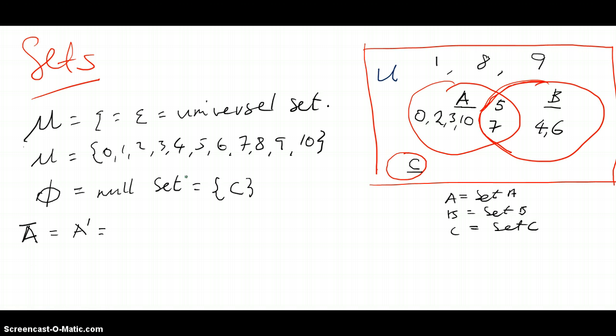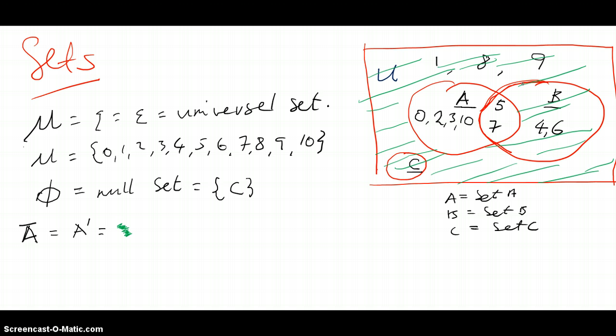Okay, let's have a look at what the complement of set A would be. So I'm going to label the complement of set A as this green color. You can see that set A is right here, all the way around. When we're concerned about the complement of set A, we're concerned about everything that's outside of set A. So that means including this, but be sure that you don't consider this part.